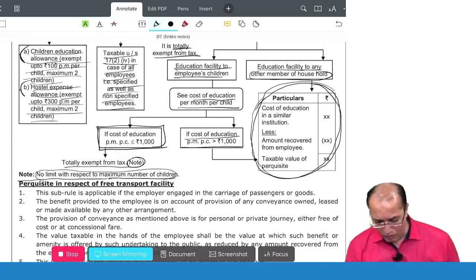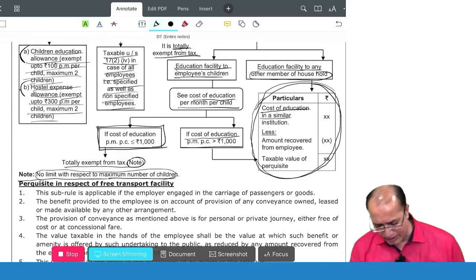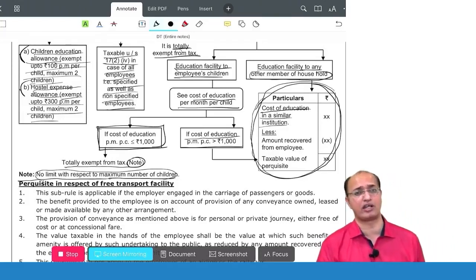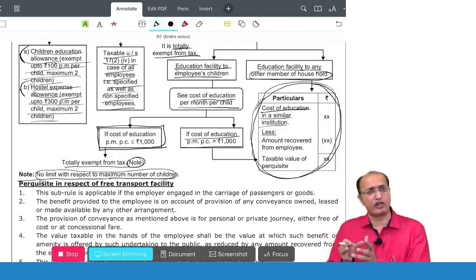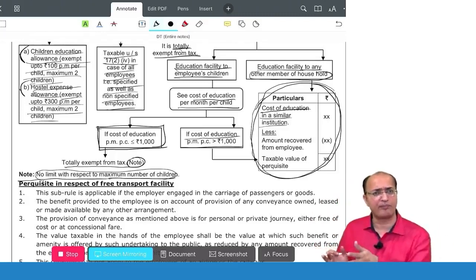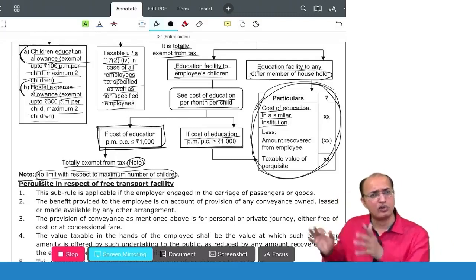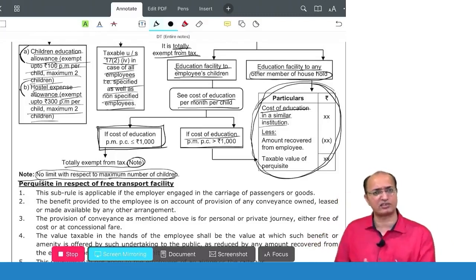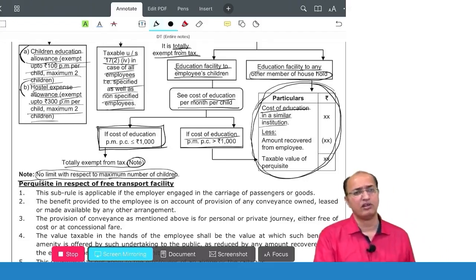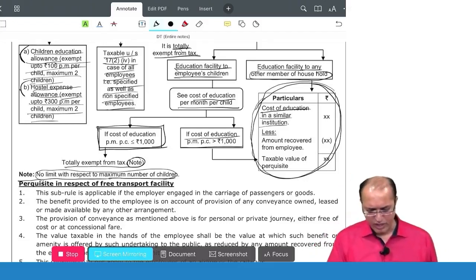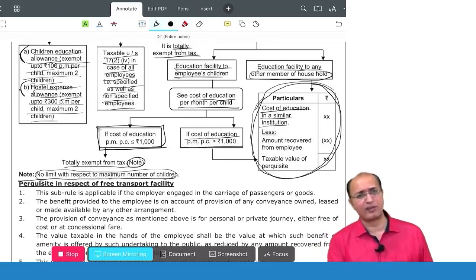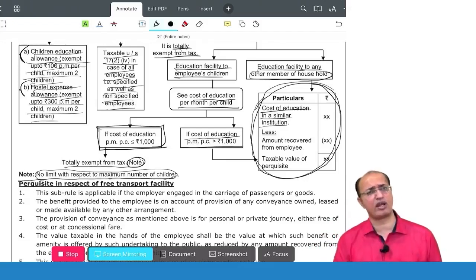You look at what is the cost of education in a similar institution in the same locality. In the same locality, you might be having some other schools also. Those other schools are charging what amount of fees? You look at that amount. That is called the cost of education in a similar institution in the same locality.